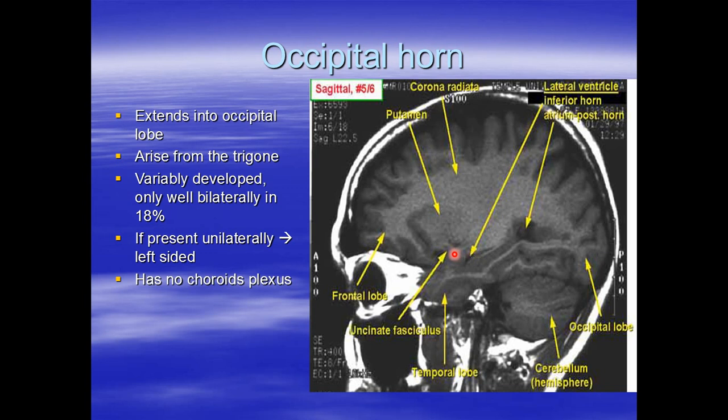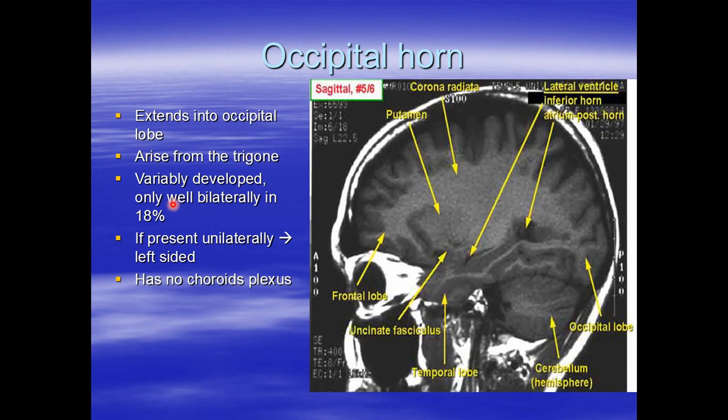Now, regarding the occipital horn of the lateral ventricle, it extends into the occipital lobe. It arises from the trigone at the posterior aspect of the body of the lateral ventricle. It's variably developed. Bilaterally well developed occipital horns are found in only 18% of the population.